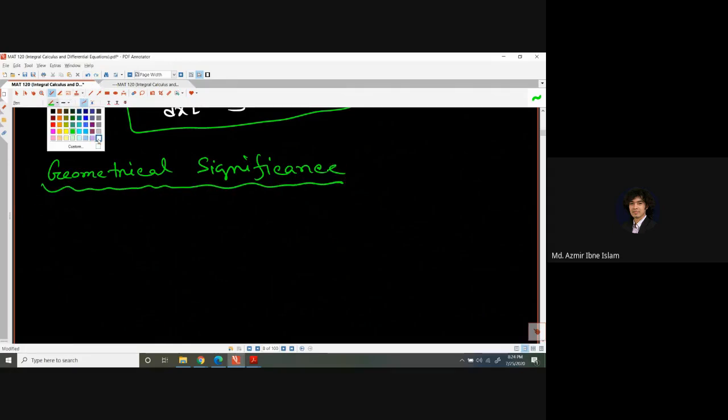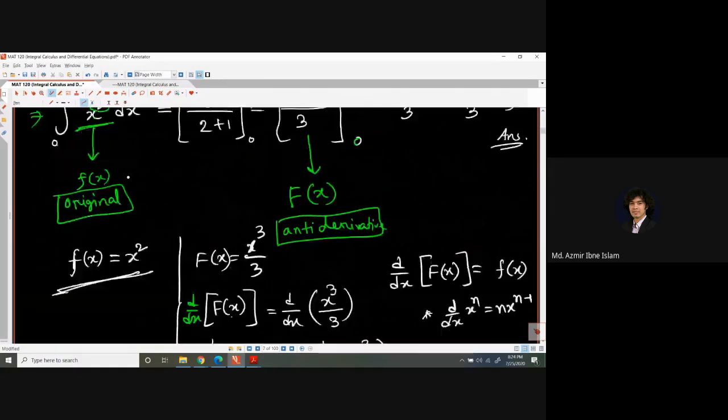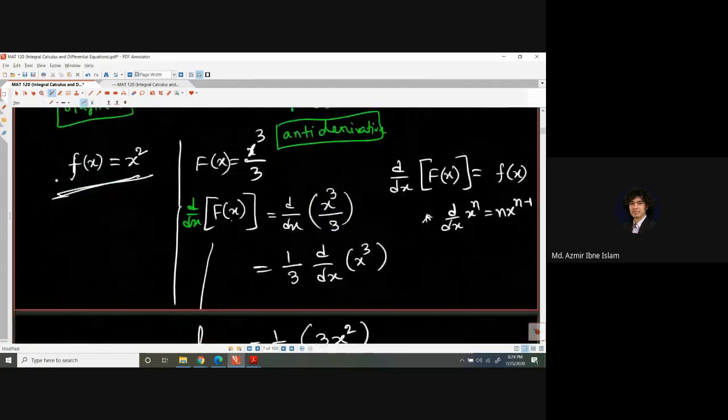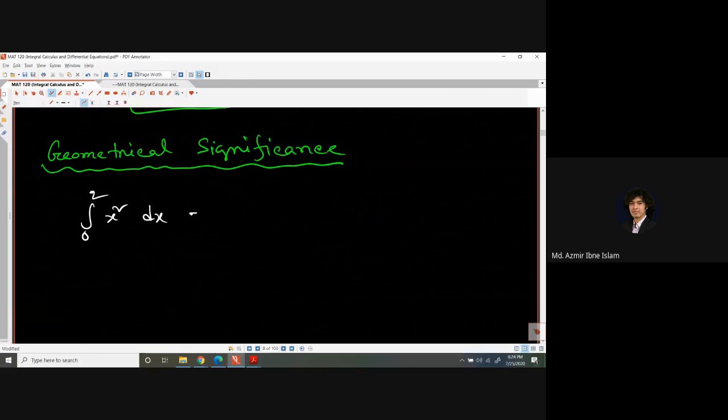So what we are doing, we are integrating the function x squared from x equal to 0 to 2 with respect to x, and finally we have found 8 over 3, that is actually 2.67.